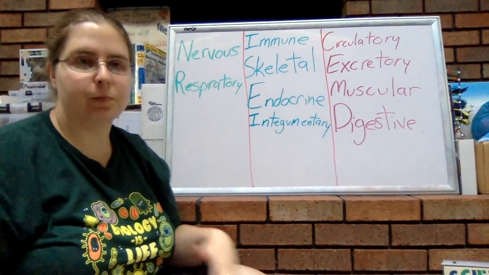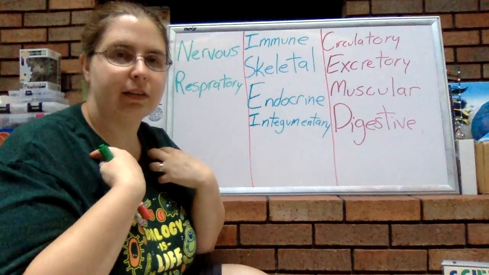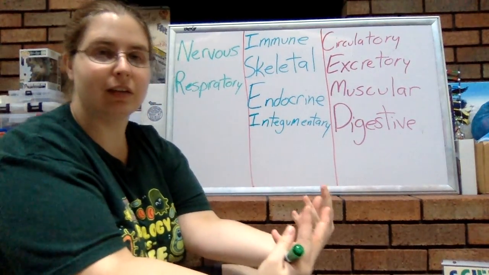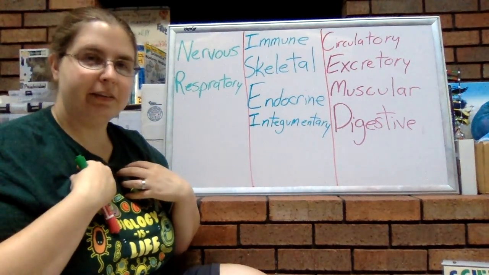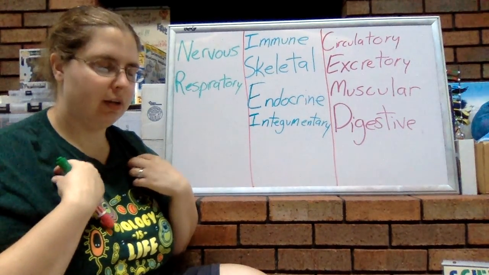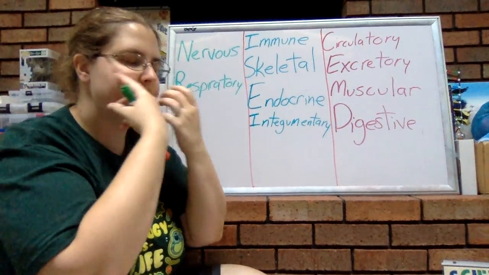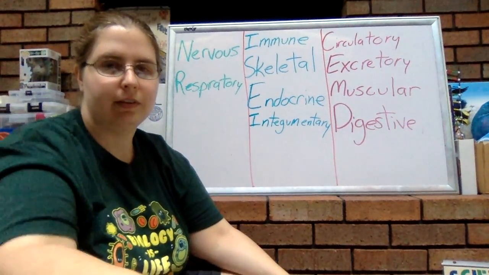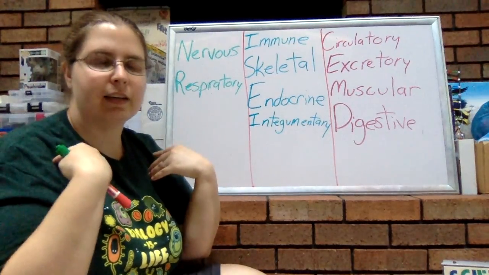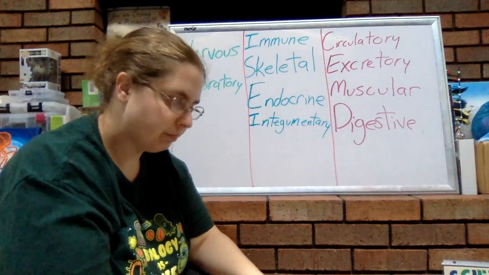The bloodstream goes back through the veins to the lungs and diffuses the carbon dioxide into the lungs. From there, we exhale. So my lungs push the carbon dioxide up through my pharynx and out through my mouth. Oxygen in, carbon dioxide out. And that's all thanks to this respiratory system.